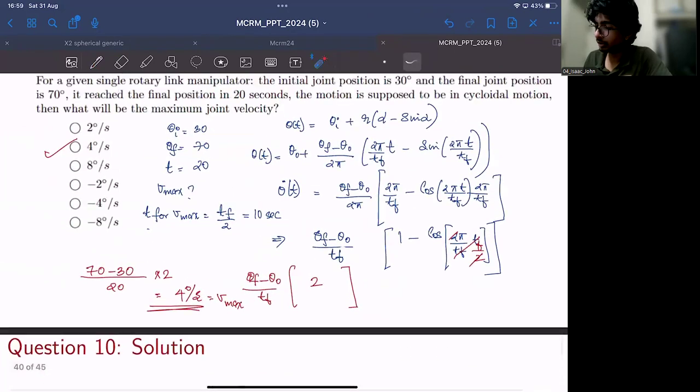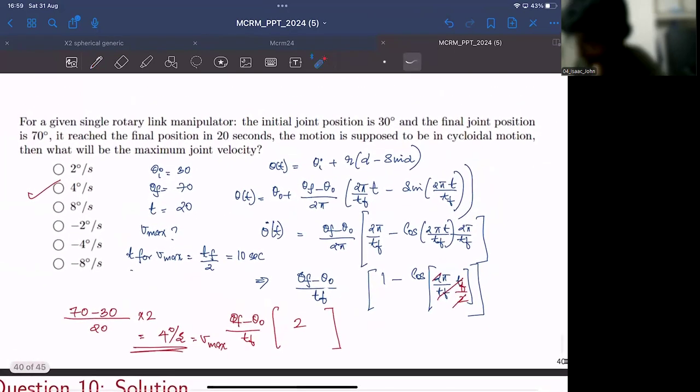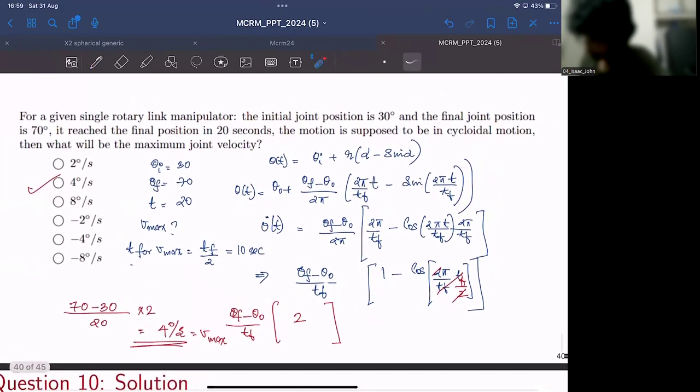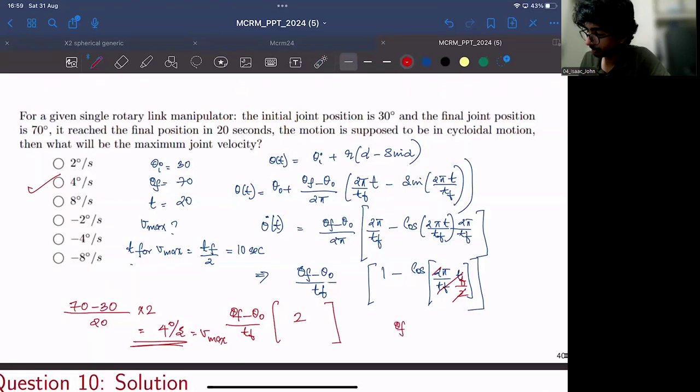I thought the calculations were correct. Vmax for cycloidal is nothing but (theta f minus theta 0) by tf, into 2, I guess.